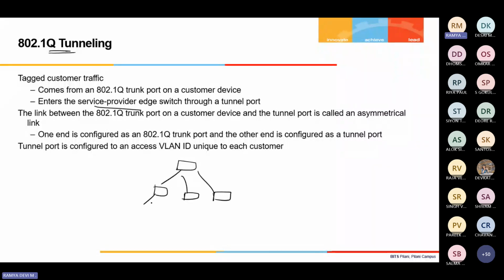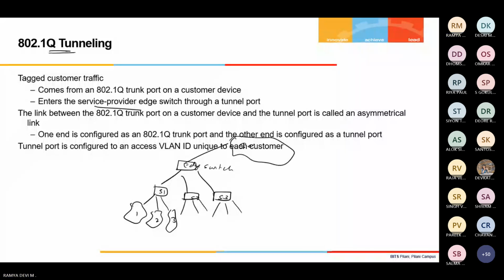This is the switch. Multiple VLANs will be connected: VLAN 1, VLAN 2, and VLAN 3, on switch 1, switch 2, and switch 3, and this is the edge switch, which will be connected to the service provider. Here, this is the trunk port.